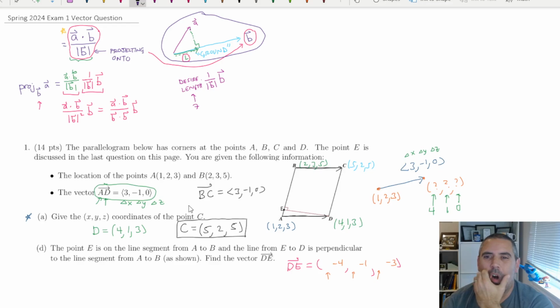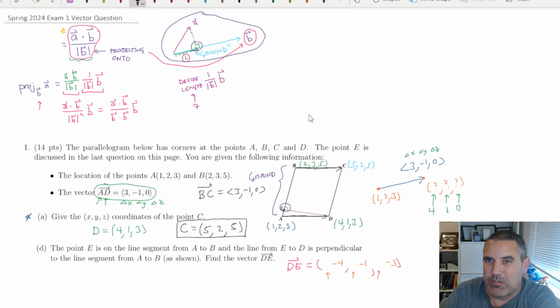We're projecting onto AB or BA because that's where it's perpendicular. I know it's turned in a funny way, but you see where the perpendicular piece is. That's where the ground is. This is the ground of my projection. Ground. The thing I'm projecting down onto.